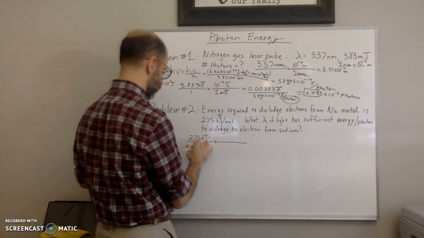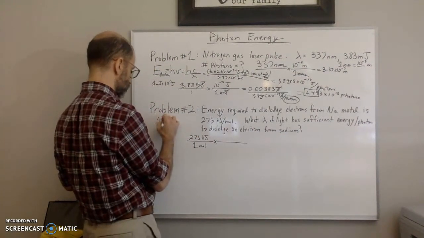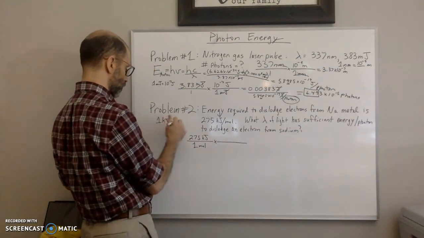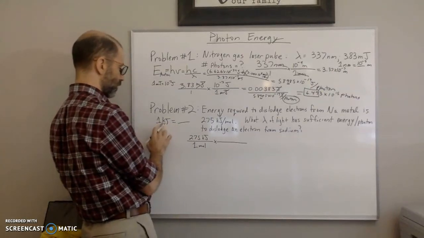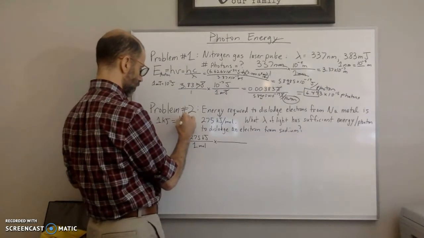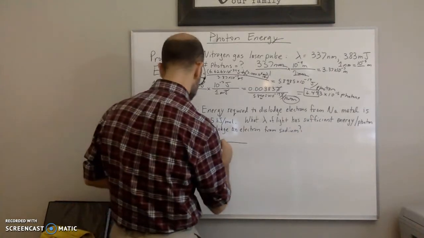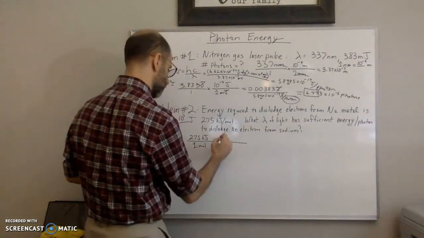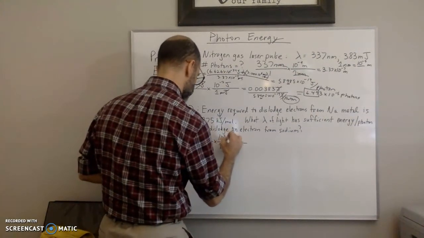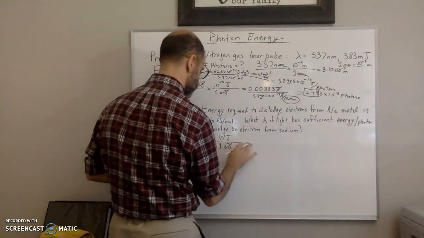Remember, 1 kilojoule, the 1 goes with the prefix unit, and the prefix multiplier, 10 to the third, goes with the base unit. So 1 kilojoule is on the bottom, 10 to the third joules is on top. Kilojoules cancel out. Now I have joules.